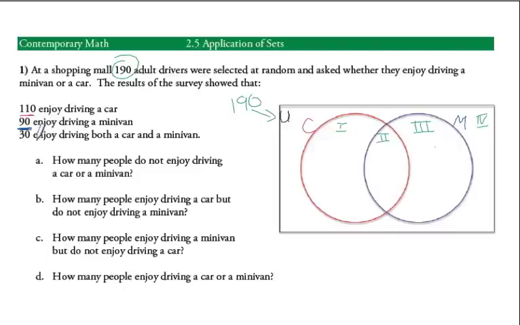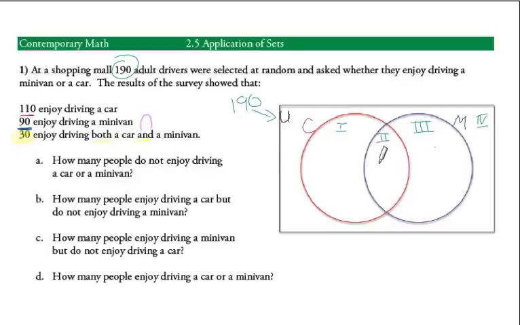Here's where this very important piece of information comes in. It says 30 people enjoy driving both a car and a minivan. So we remember that that word "and" is like the intersection. And so we know where this number should go.